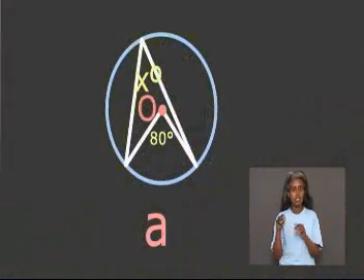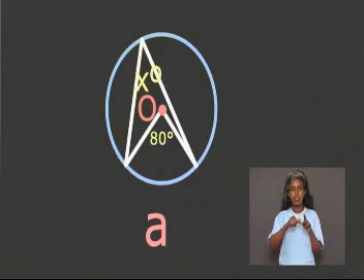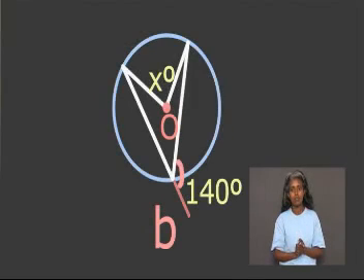Hello again, students. In the first example, the inscribed angle is half the measure of the central angle, so we know x equals 40. In the second example, we must first determine the measure of the inscribed angle by subtracting 140 degrees from 180 degrees.